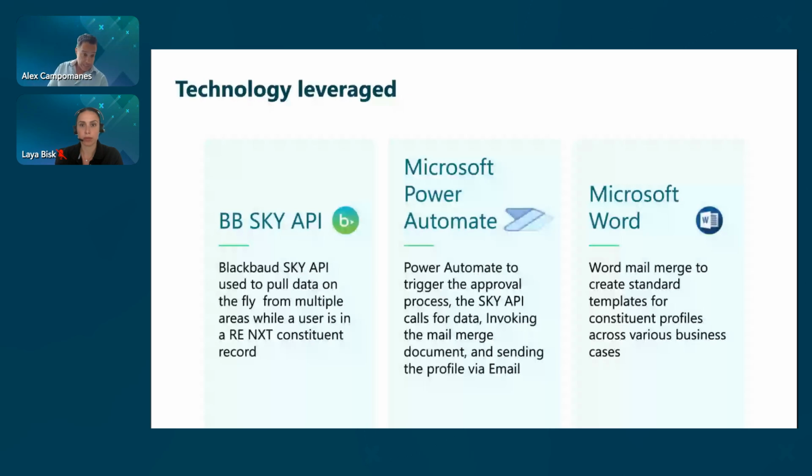We use Power Automate for triggering the entire process, and then for doing steps along the way, and managing the workflow from what person to what process to what person. And then Microsoft Word, which we used, we used Microsoft Word mail merge templates to then take the data and merge it within Microsoft Word. Next slide.